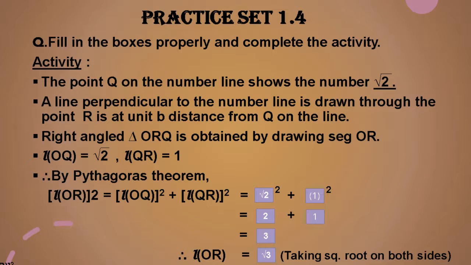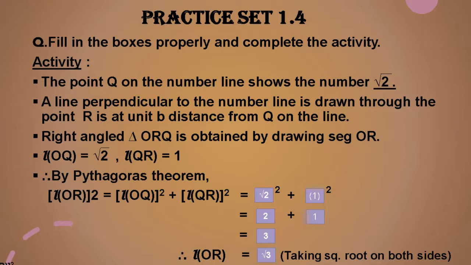Therefore, by Pythagoras theorem, the square of the hypotenuse is equal to the sum of the squares of the other two sides. So here, hypotenuse is OR.